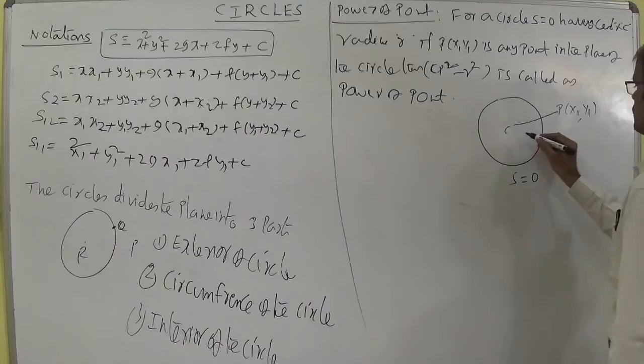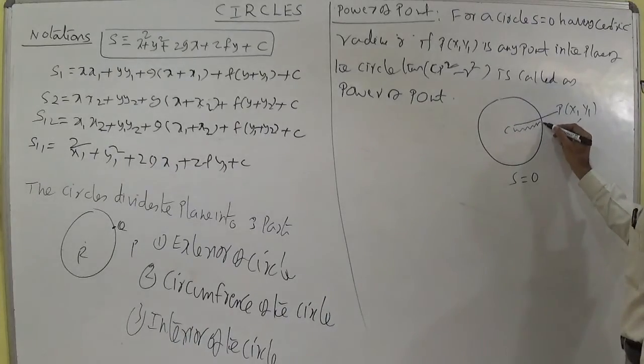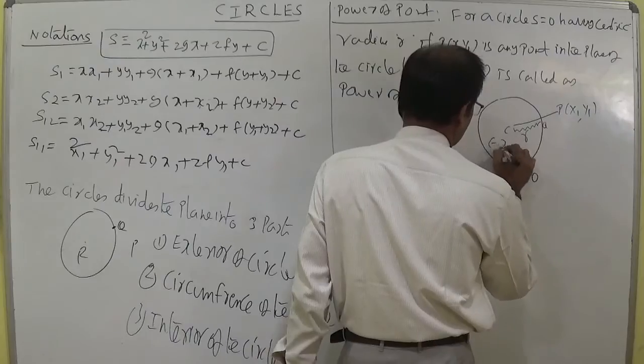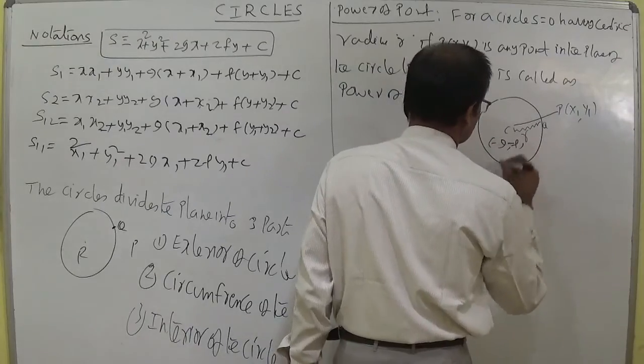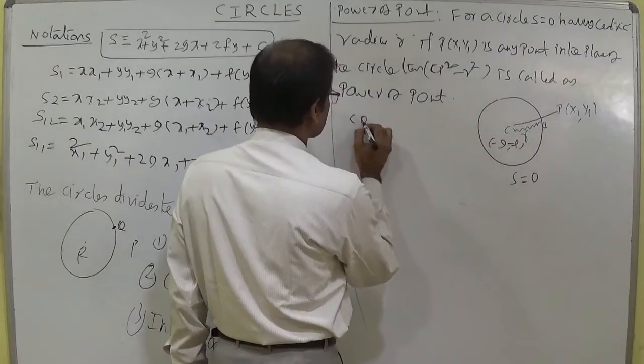This is CP. Students, try to understand: if Q is a point on the circle, this is r. For the standard notation of the circle, C is (minus g, minus f), so CQ is equal to r.